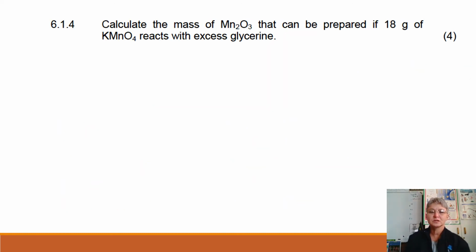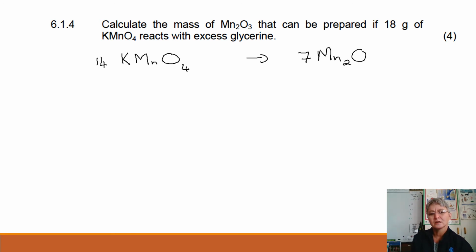Right, the next question is calculate the mass of Mn2O3 that can be prepared if 18 grams of KMnO4 reacts with an excess of glycerine. Now we need the balanced equation for this, and from the balanced equation we see that 14 potassium permanganate gives us 7 of these Mn2O3 compounds.